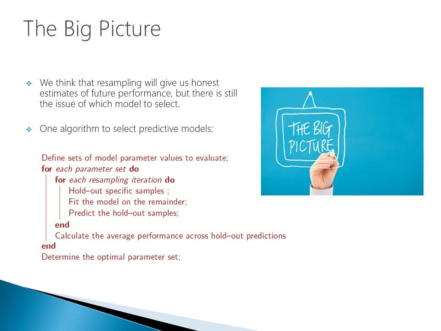He gives a very simple algorithm for selecting predictive models. We hold out specific samples, we fit our model on the remainder, we predict the holdout samples, and then we calculate the average performance across these holdout predictions, and from there we determine the optimal set of parameters that we should be using.